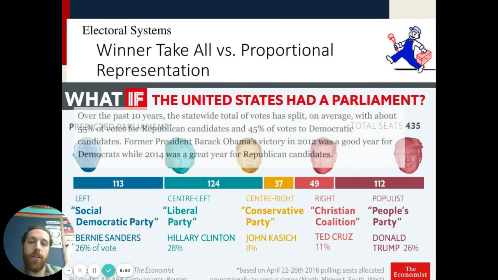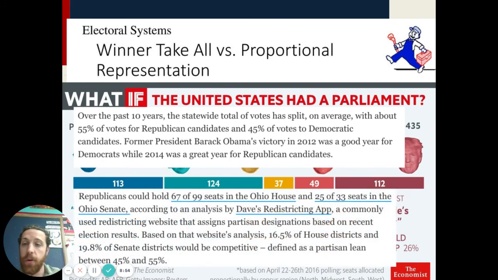We'll also come back and talk about Ohio's way of drawing districts. But if you look at election results in the state of Ohio, you'll see that on average, Republicans typically get about 55% of the votes in the state, and Democrats get about 45%. However, when you look at how districts and representation are handed out, you'll see that Republicans hold nearly 67% of the seats in the House, and in the Senate, it's closer to 75%.